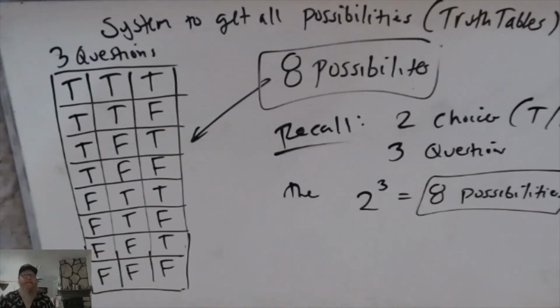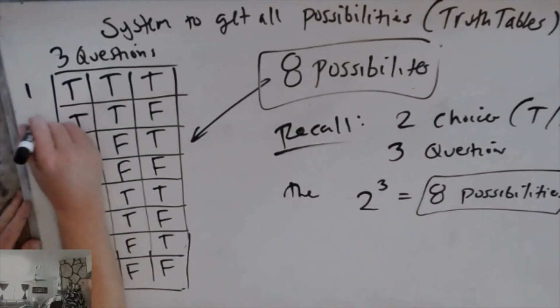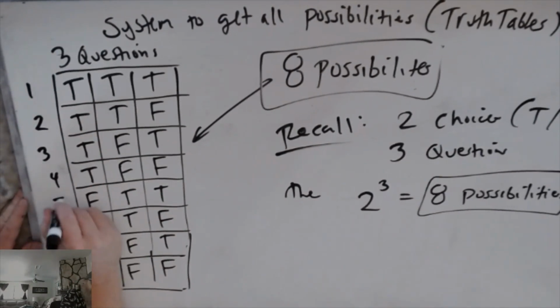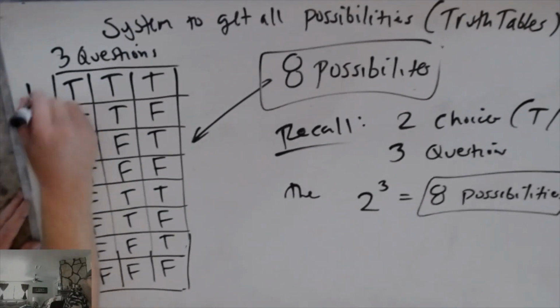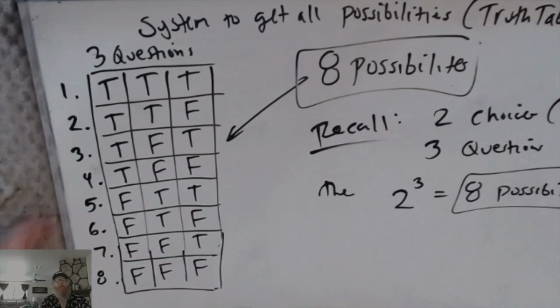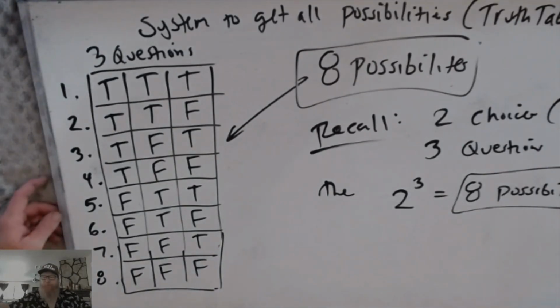So there are 8 different ways to fill out your quiz, and using this systematic method, you would guarantee that you would never have the same possibility twice. So notice that each of these rows are unique. There are 8 unique ways of filling out this quiz. So that's another method.